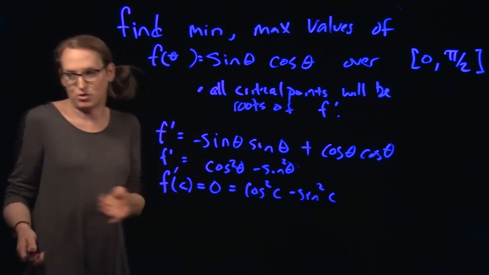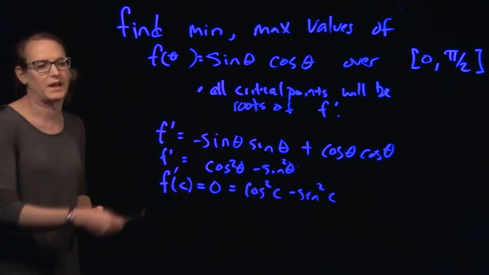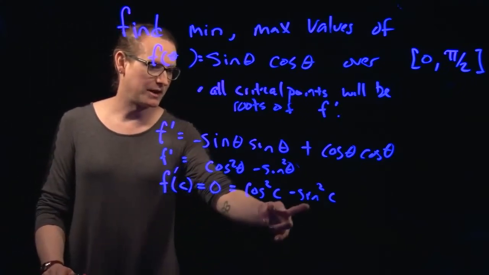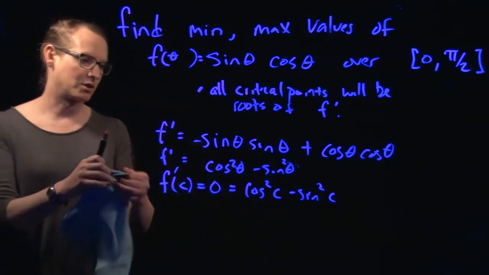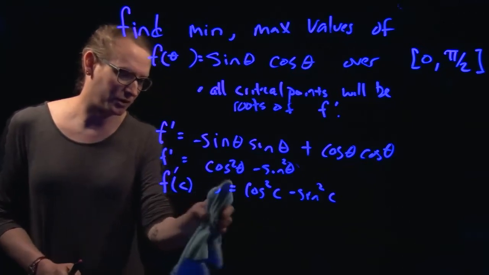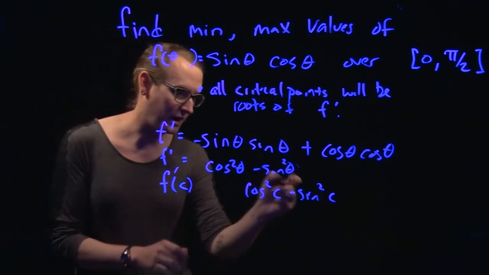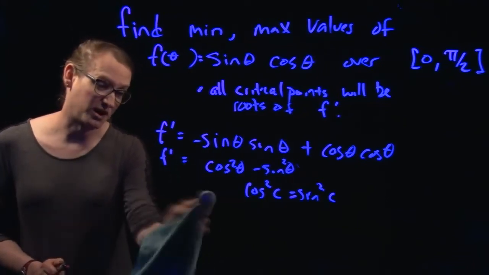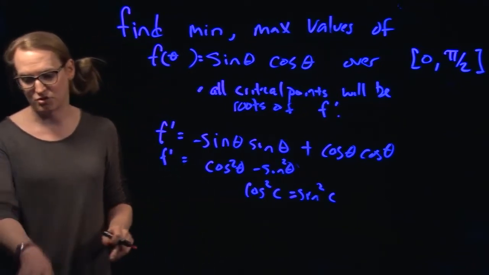Well, I'm making it be true because I'm going to find the c such that this is true. So if this is equal to 0, then sine squared has to equal cosine squared. I'm going to write it that way because I'm going to run out of space. I'm only doing this because of space constraints.